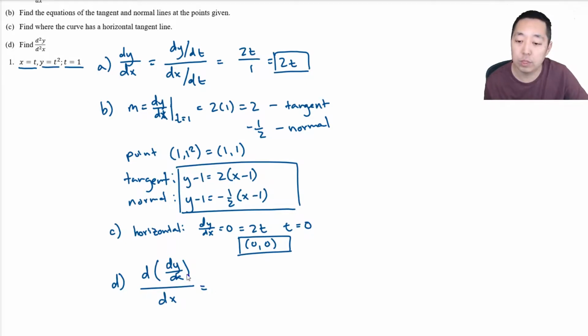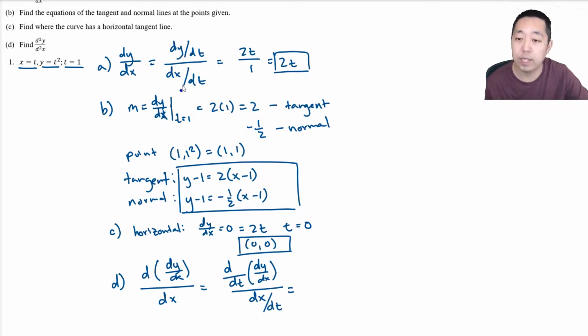When you want to take the derivative of any function with respect to x in parametric form, you do a similar thing to this: you take the derivative of this whole function dy/dx with respect to t, and divide by the derivative of x with respect to t.